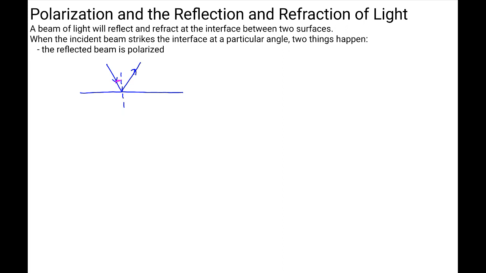So let's draw the orientation of the electric fields of the original beam of light. We'll say that this light is unpolarized, and once it reflects at this angle, we have the light being polarized.